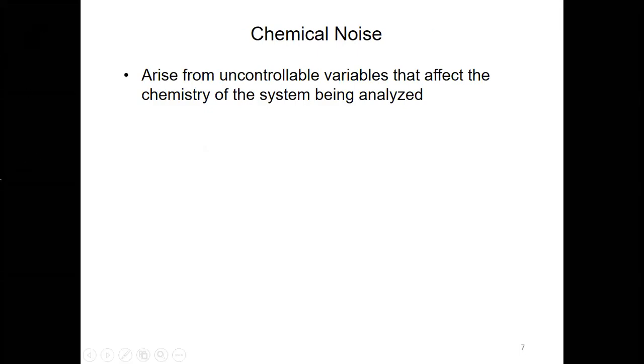What is chemical noise? It is a type of noise that is difficult to control. It arises from uncontrollable variables that affect the chemistry of the system being analyzed.